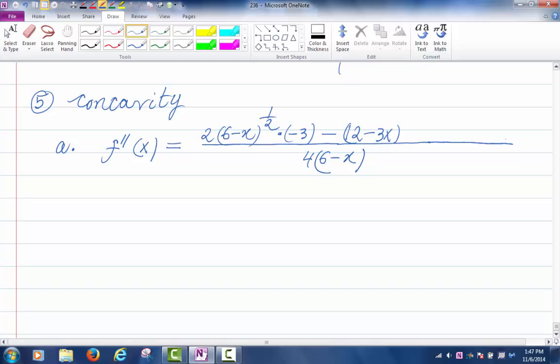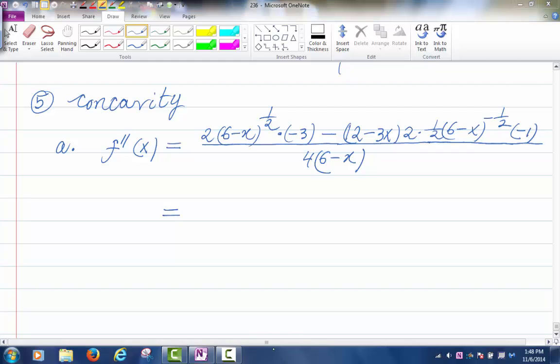I have a 2 there, and then multiplied by, I have (6 minus x) to the half, so it will be half (6 minus x) to the negative half, and what else? What else am I missing? Negative 1, very good.